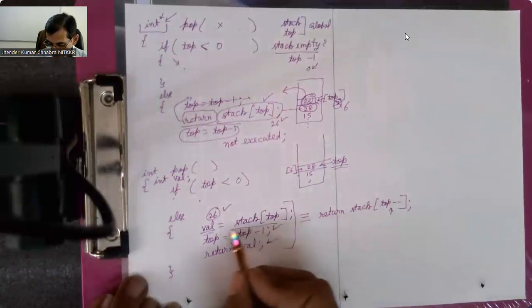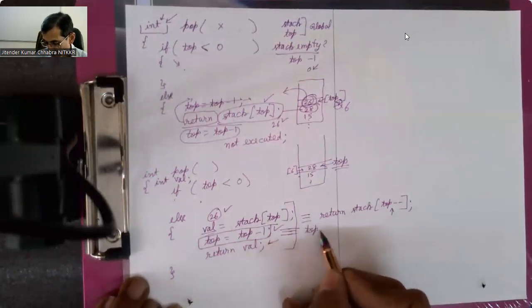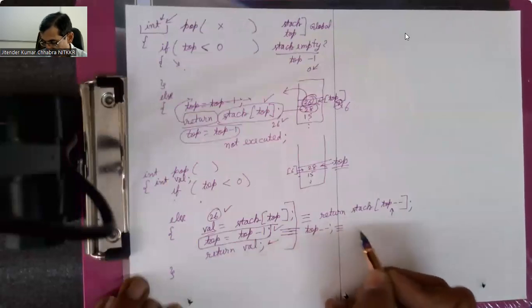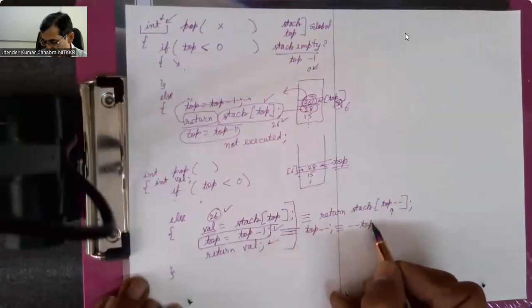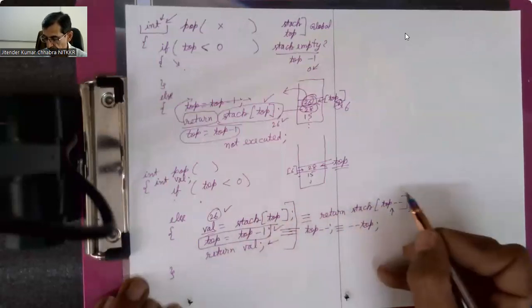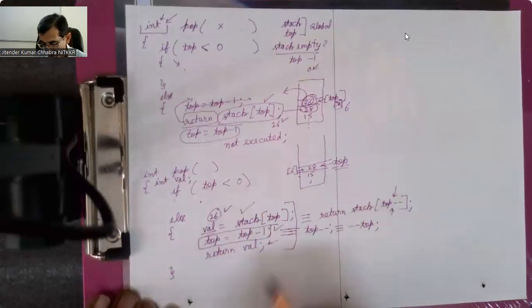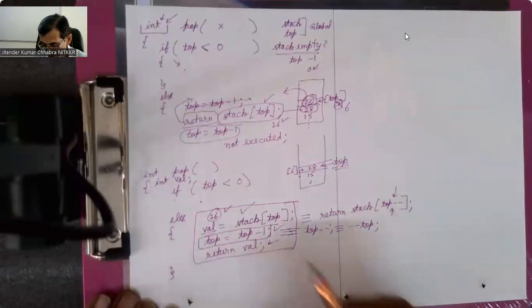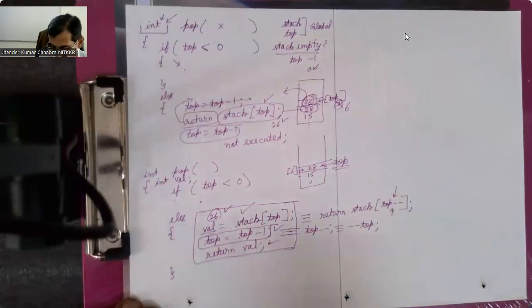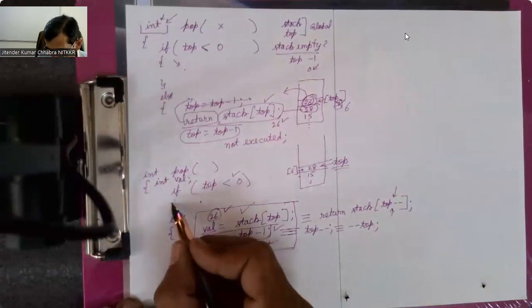Remember, the statement top equal to top minus 1 is equivalent to saying top minus minus, and is also equivalent to saying minus minus top. Here it is okay, but if I wanted both operations to be done, I must know how it works. If you do not know, you can safely use this code. This is perfectly fine. No efficiency loss. Just you have to type 2 extra statements. Perfect, no issues.